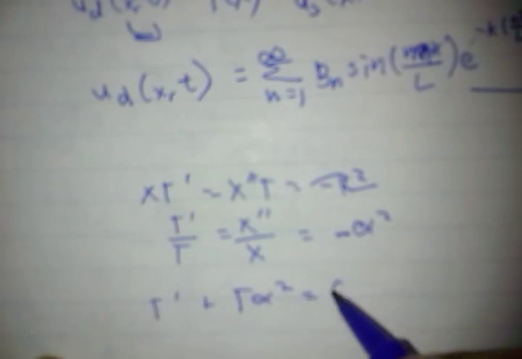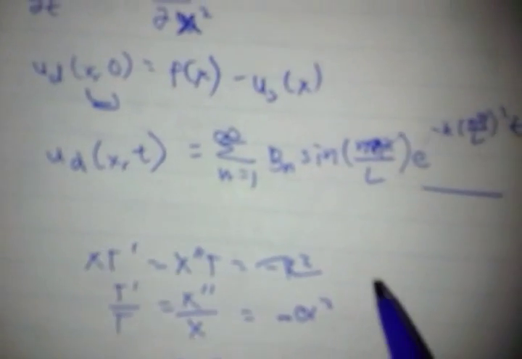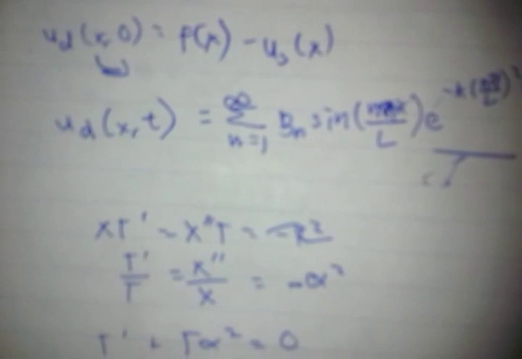And so if you solve out the T, then you'll get the exponential term here. So that's where the exponential term comes from. It comes from the separation of variables.